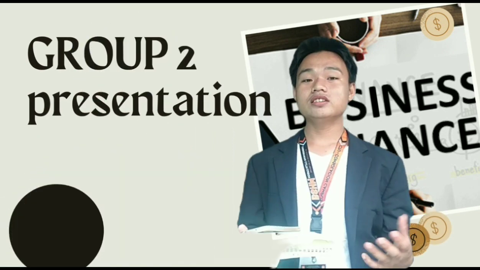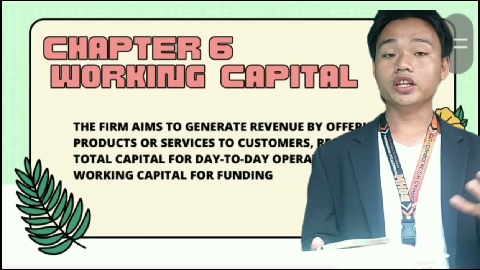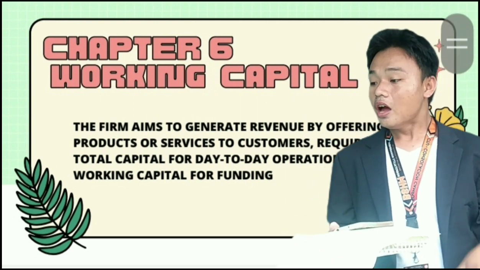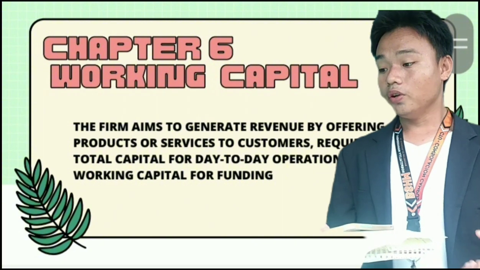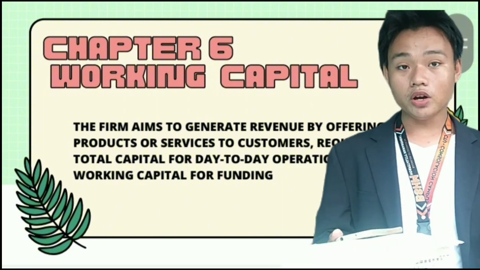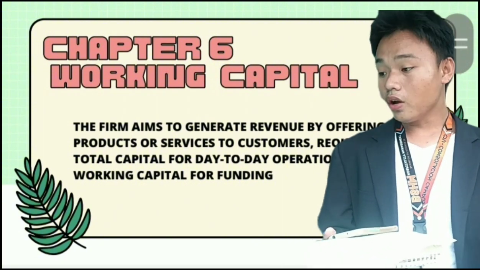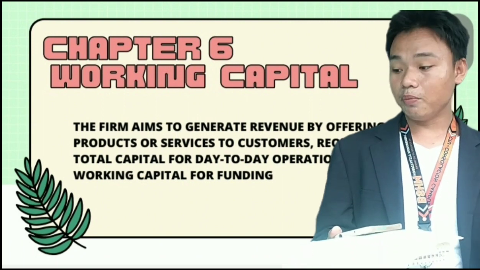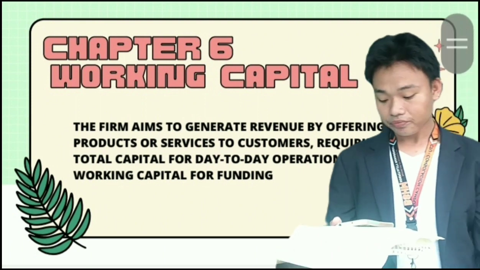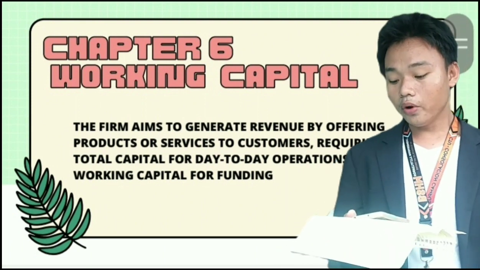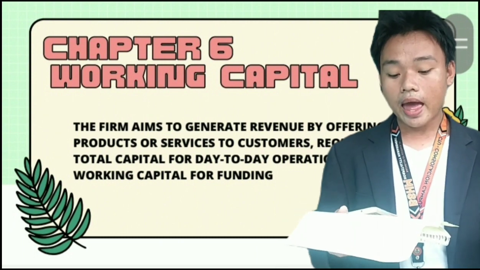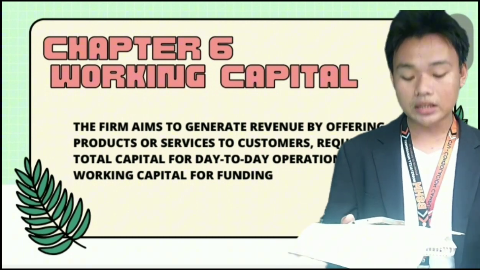Now we proceed to chapter 5, which is working capital, and how it works. Working capital: a company generates revenue by offering products or services to customers, requiring total capital for day-to-day operations, and working capital for funding. In short, working capital is calculated as current assets minus current liabilities.